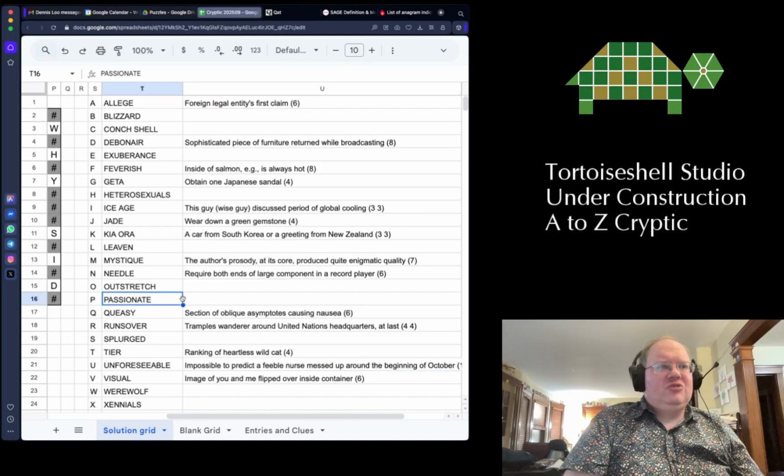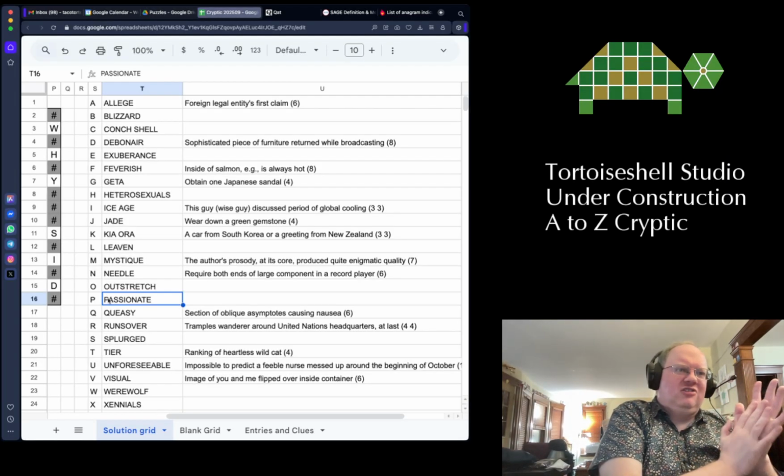So passionate, we could have like passe, but then the remaining letters are awkward. Have pass on around I. Have paste around SIONA, which is also a fairly awkward set of letters.